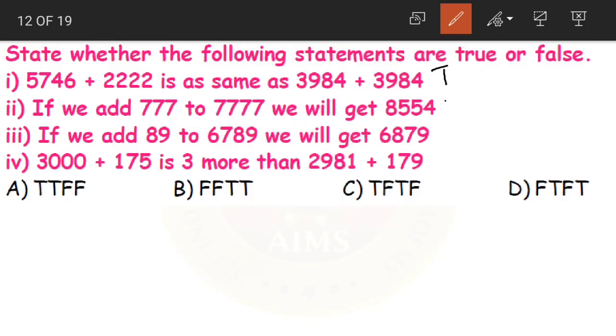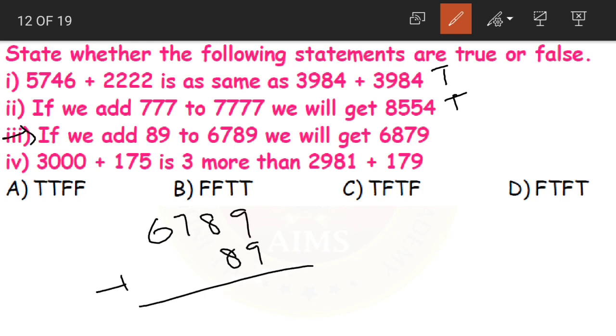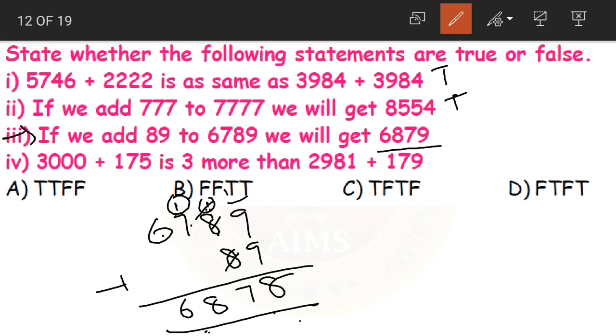Again, if you are not satisfied, let me solve statement number 3 also. If we add 89 to 6789, we will get 6879. Let us see. 9 plus 9 becomes 18, 1 carried. 8 plus 9 is 17, 8 plus 1 is 9, 9 plus 8 is 17, 1 plus 7 is 8 and 6 is the same here, 6878.